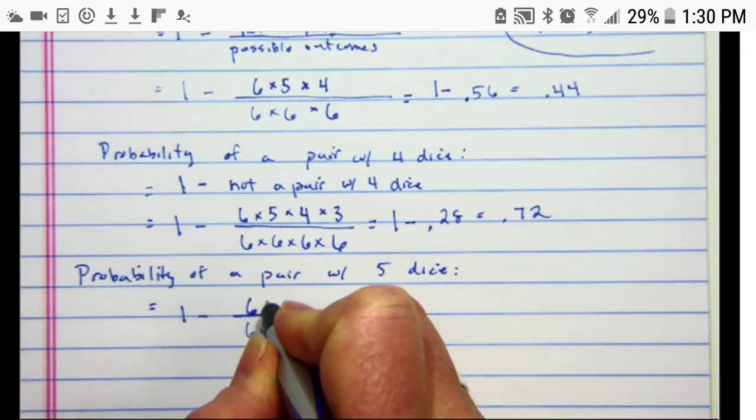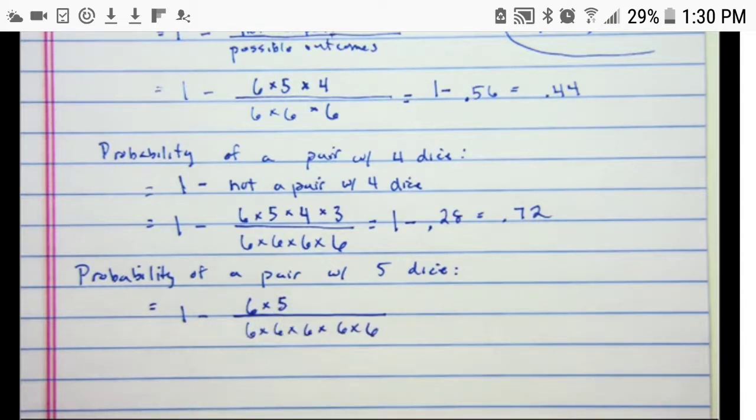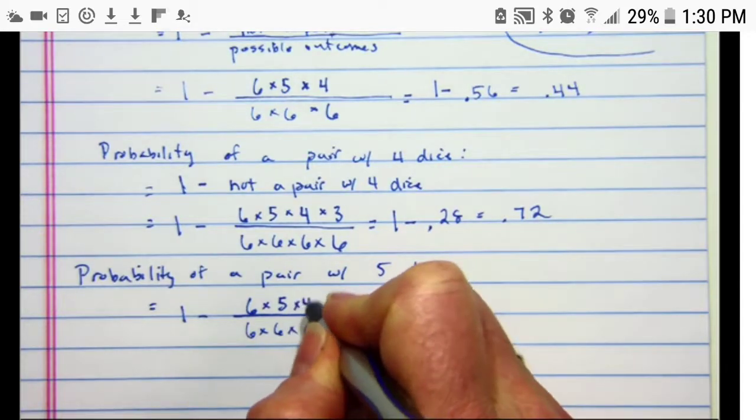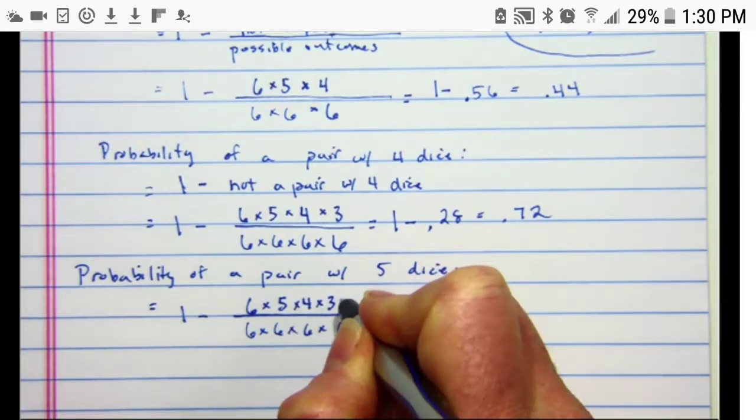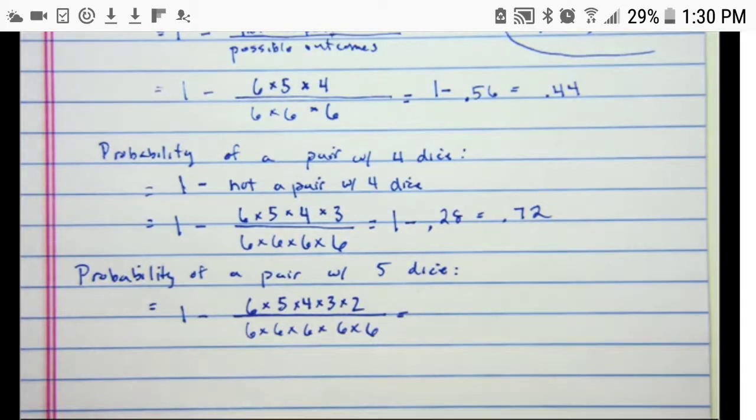And then the top of the fraction, we continue the pattern as well. So 6 times 5 times 4 times 3 times 2. So we're looking at the probability of not getting a pair with 5 dice. So whatever the first dice is, the rest of the dice can't be that number. Whatever the second dice is, the rest of the dice can't be that number or the first one.